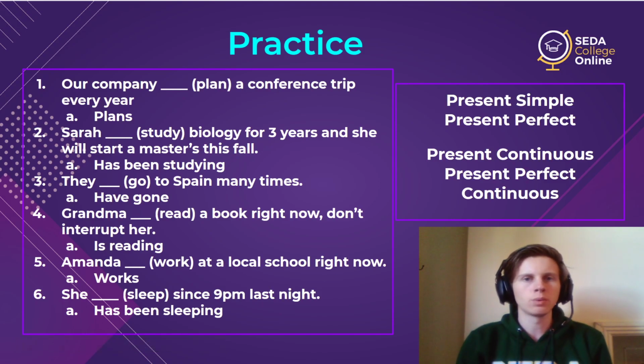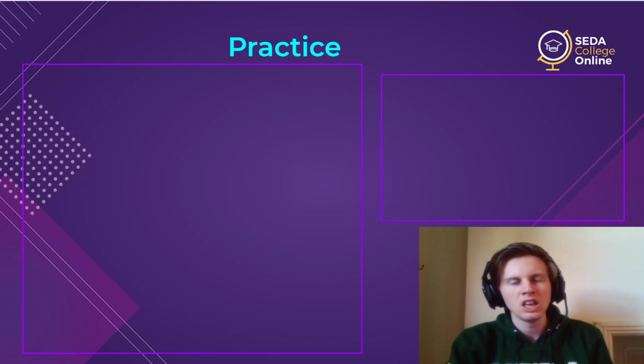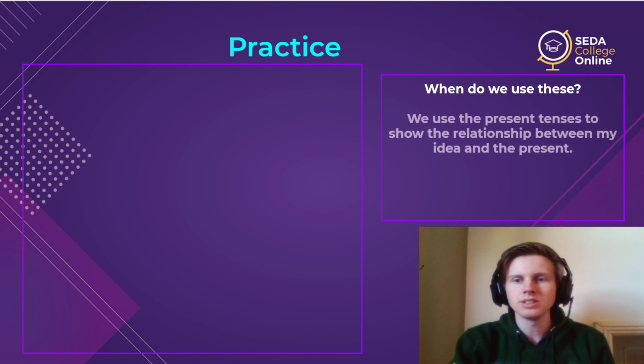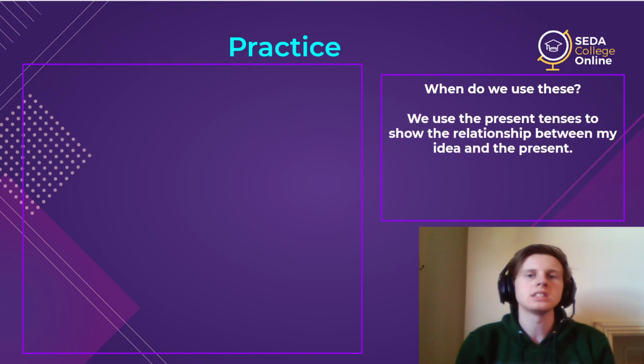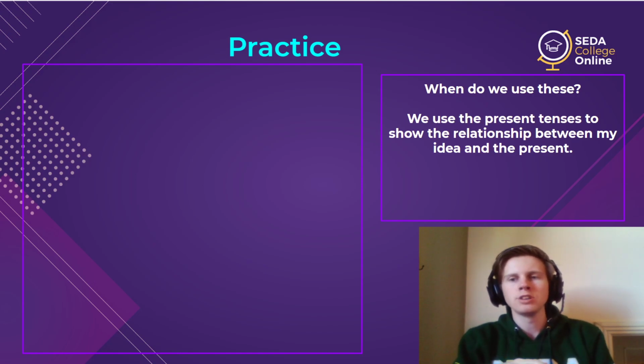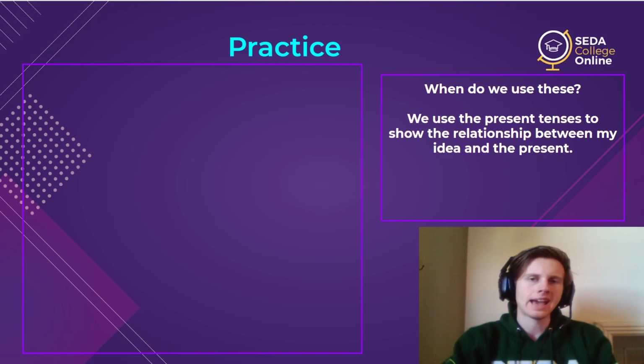But what is something where we can see them all happening together in real life? Really, all of these different verb tenses, the present perfect continuous, the present continuous, and the present simple, we're using them to show the relationship between my action and my idea and the present. That's really what they're here to show.